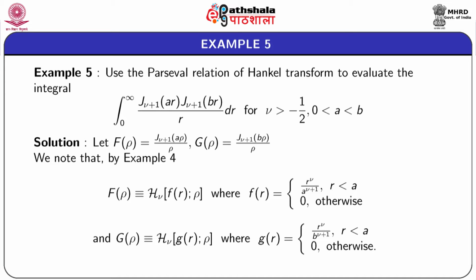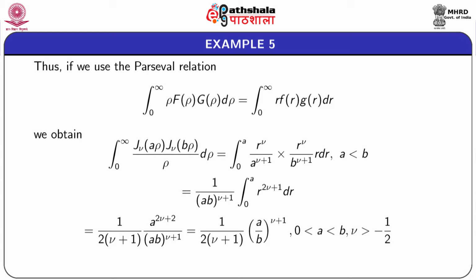So, we use the Parseval relation that integral from 0 to infinity rho F rho G rho d rho is equal to integral from 0 to infinity r f(r) g(r) dr. This is the Parseval relation.